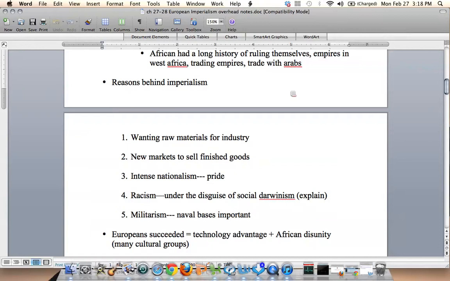If large groups of African peoples would have united, they probably could have succeeded in preventing the takeover. But Europeans were clever at pitting one side versus the other. In other words, if you help us in this fight against these people, we'll put you in positions of power. And so this disunity plus the technological advantage helped Europeans succeed.